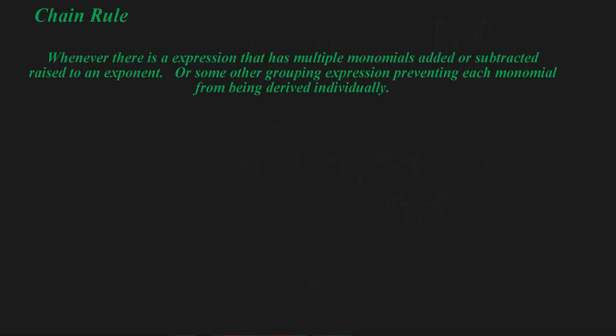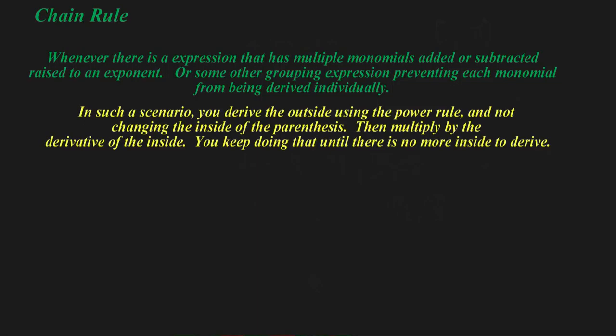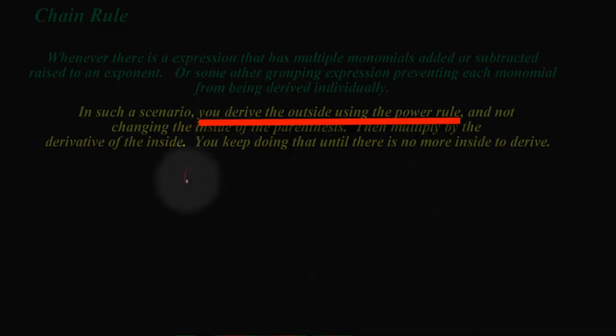All right? So basically what you're going to do is derive the outside using the power rule. If your function is ax to the n, the power rule states that you bring down the exponent, multiply times the coefficient a, and then subtract 1.